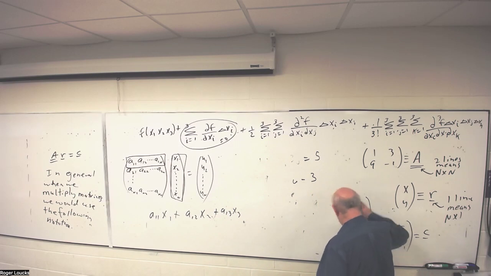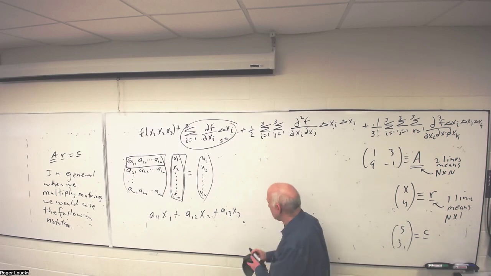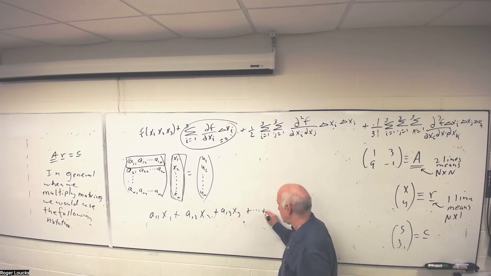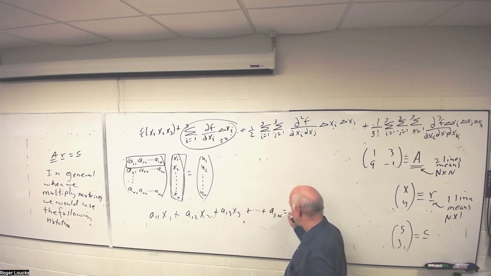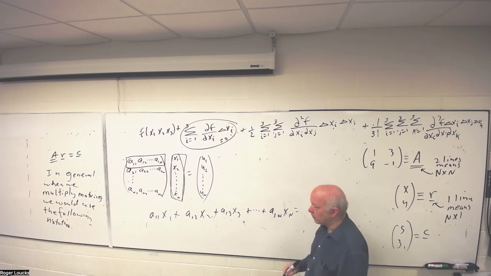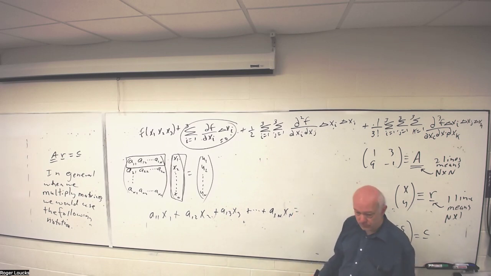I know most of you have seen this, but I'm still doing it anyways, being pedagogic. Equals, and then what would that have to equal? That would have to equal Y1.